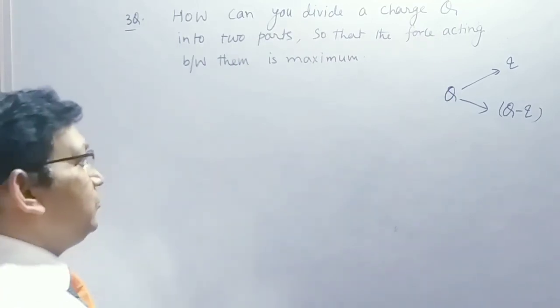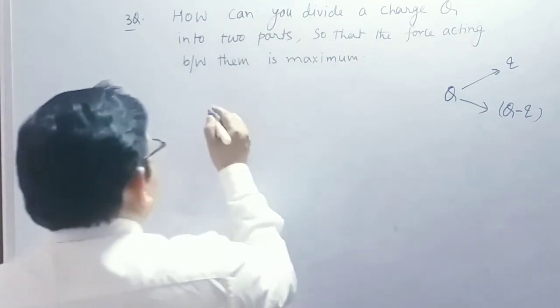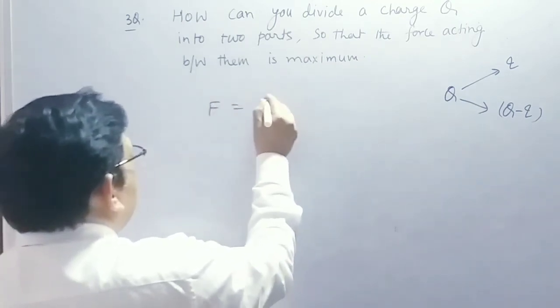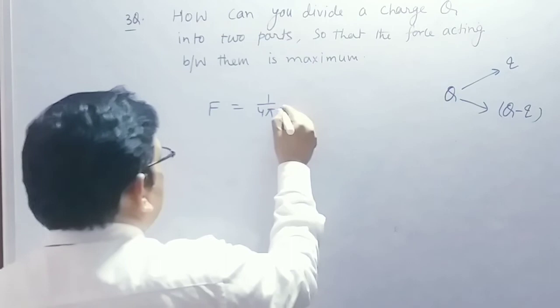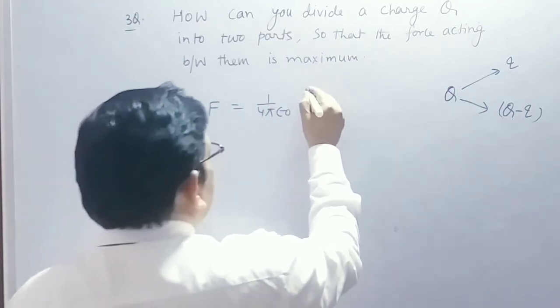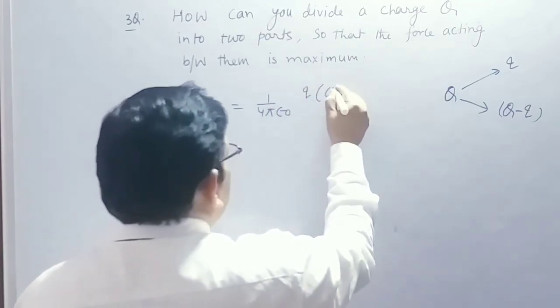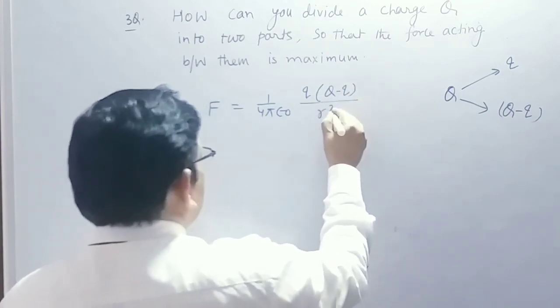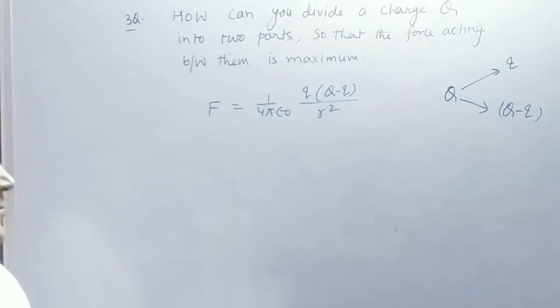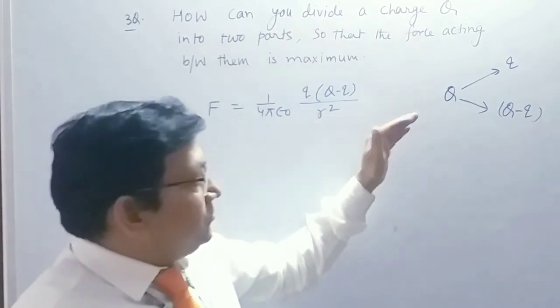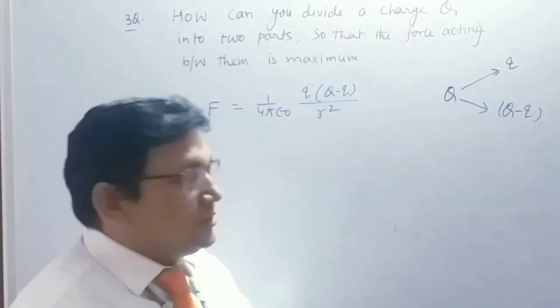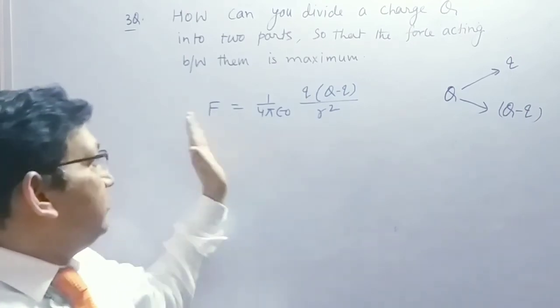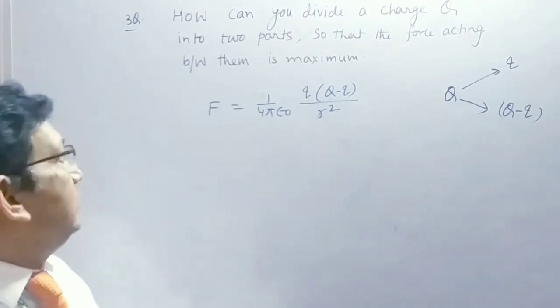So how to write Coulomb's law? The Coulomb's law is 1 by 4 pi epsilon, one charge is q, another charge is Q minus q, and let the distance between them be r.